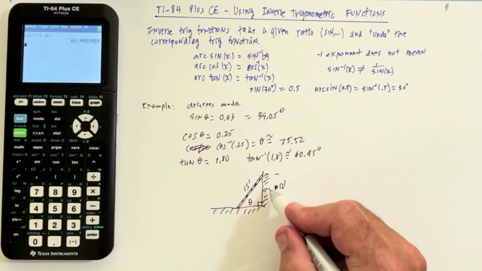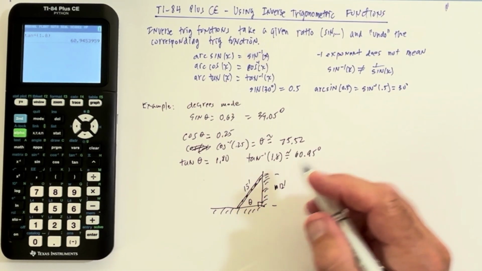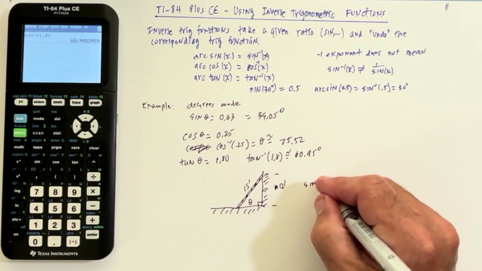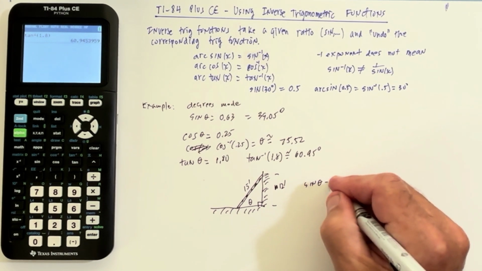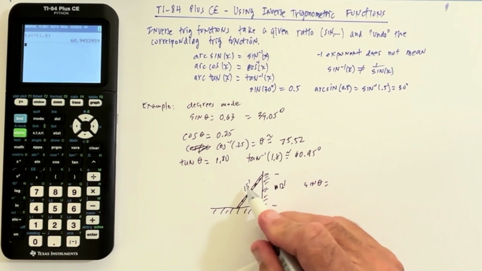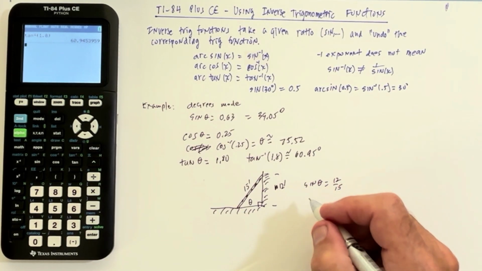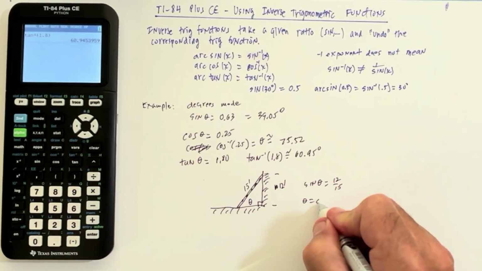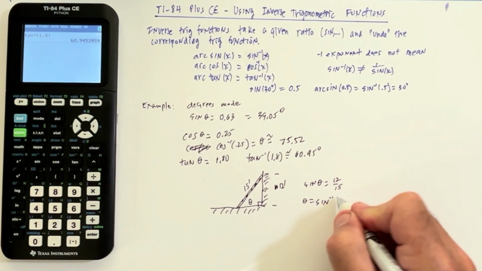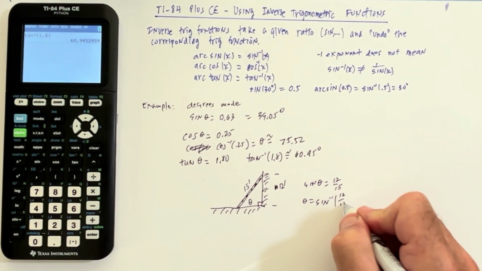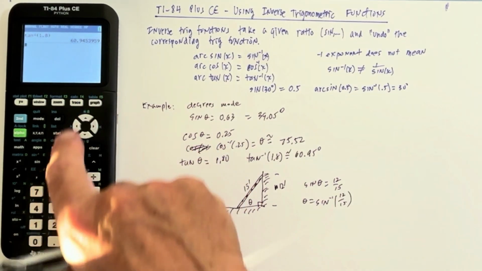Now the sine function is the opposite over the hypotenuse. So the sine of theta is the opposite over the hypotenuse, 12 over 15. And so theta is equal to the sine inverse of 12 over 15. We'll do that in our calculator here.